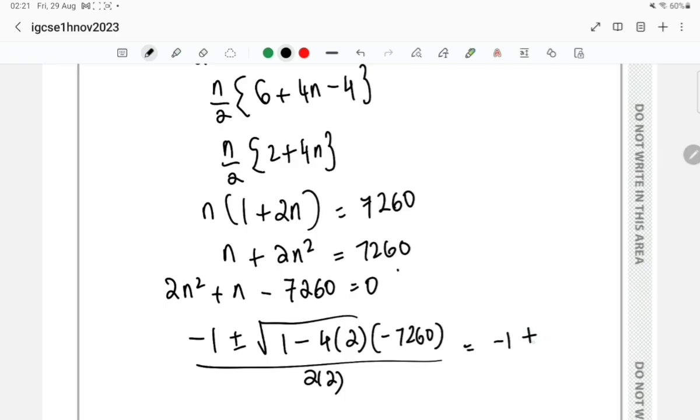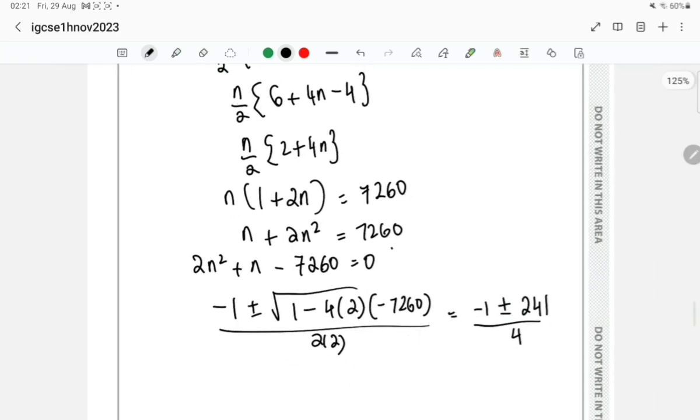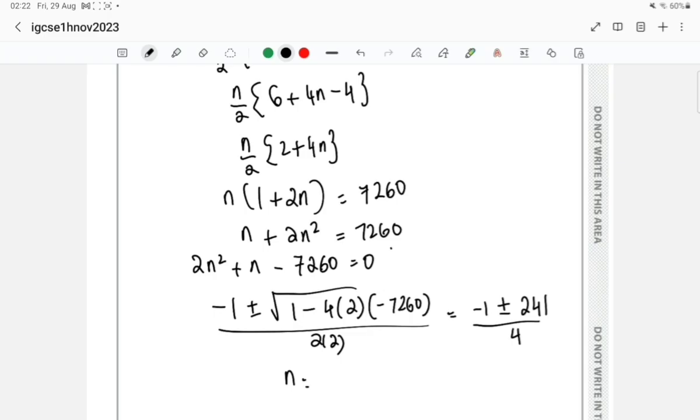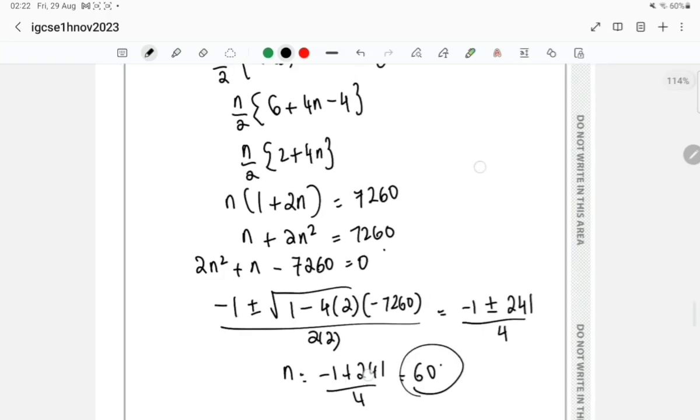So minus 1 plus or minus 241 divided by 4. Now let's find our n. I won't take the negative part because I know I can't have a negative amount of terms. So I'll only take minus 1 plus 241 divided by 4. And this will give me 240 divided by 4, which is 60. So I know that the total terms that I have in this sequence is 60.